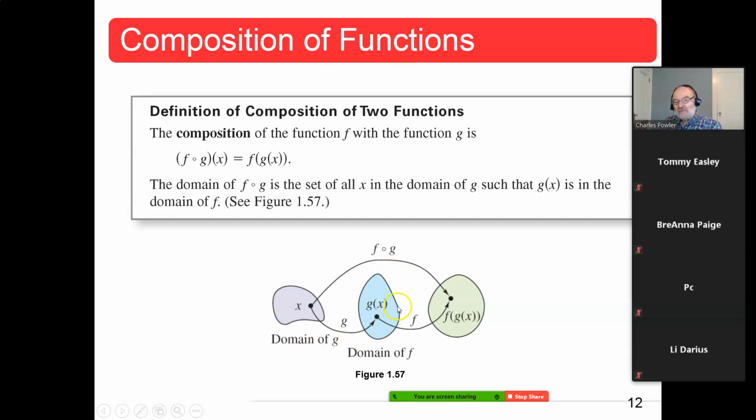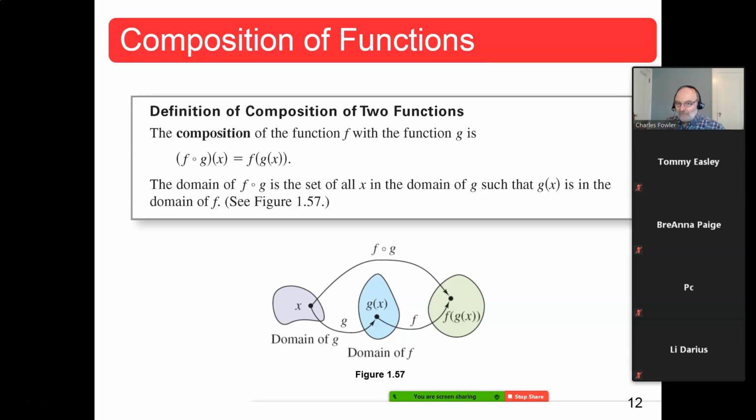It takes the result of G of X, the output of G of X, as the input for F, that's what this shows, and that gives you the output for F. Or looking at it the other way, F of G of X takes the X from here, and F of G operates on that and gives you F of G of X there.